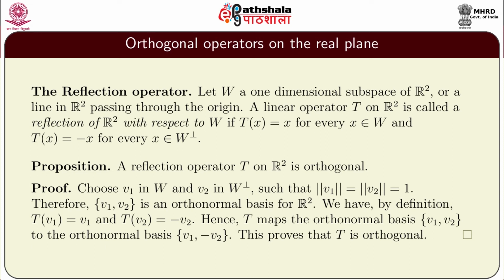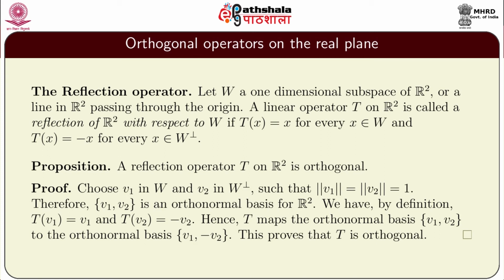The proposition: a reflection operator T on R2 is orthogonal. Choose a vector V1 in W and a vector V2 in W perp such that norm of V1 is equal to norm of V2 is equal to 1. Then this set V1, V2 is an orthonormal basis for R2.